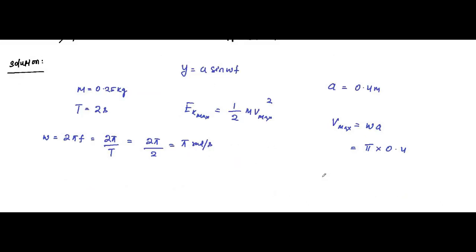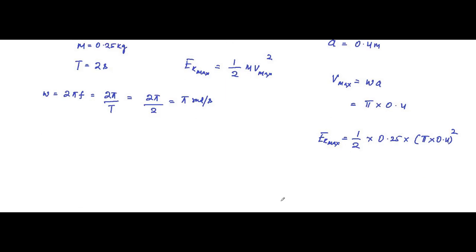If we calculate the maximum kinetic energy, it is equal to 1/2 × mass, which is 0.25, × v_max², which is (π × 0.4)², and that is coming around 0.197. Rounding it off, it is coming around 0.2 joules.